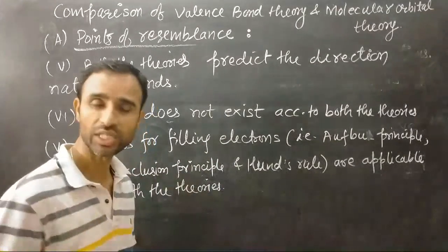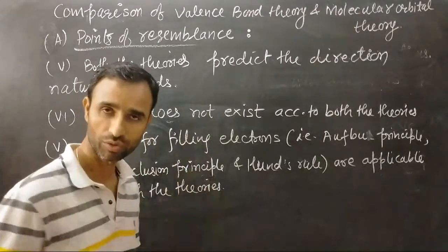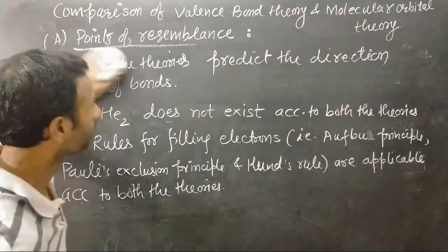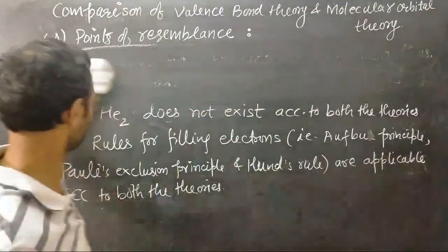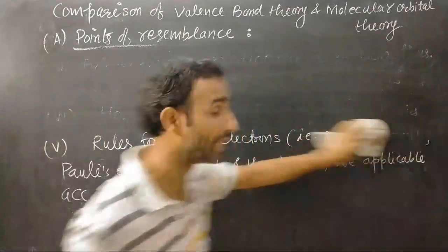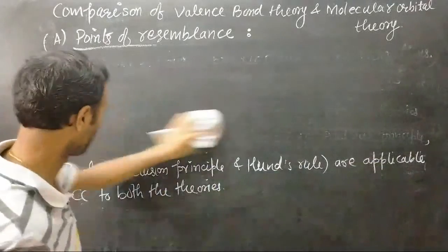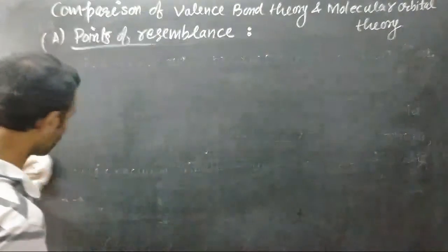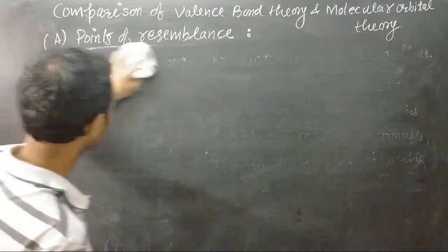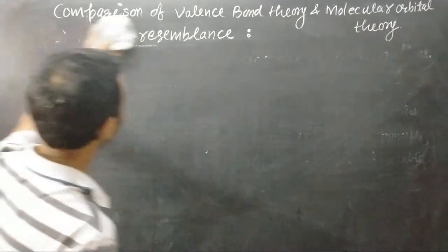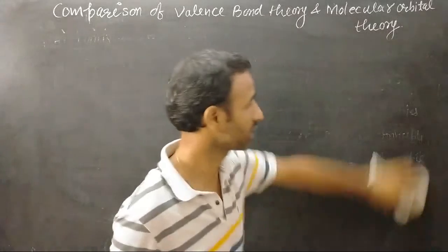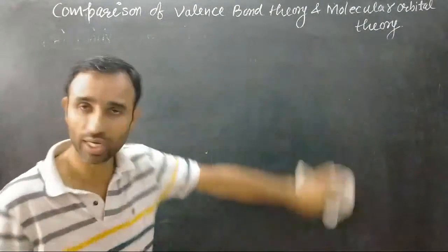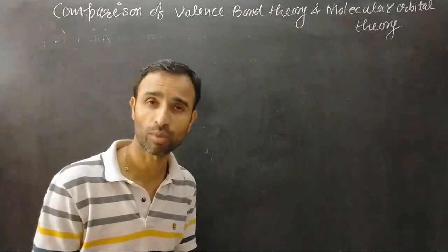Then both tell us about the directional nature of the bond, or that helium-2 does not exist, or electron filling takes place according to the rules, that is Pauli's, Aufbau and Hund's. So these are the similarities or points of resemblance between Valence Bond Theory and Molecular Orbital Theory.